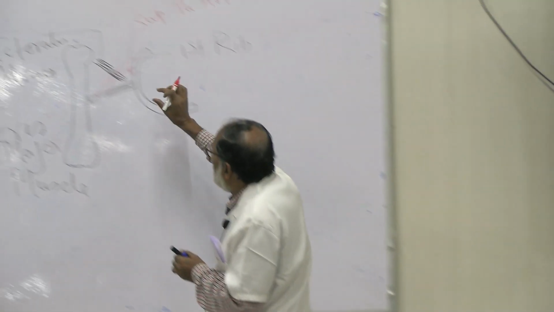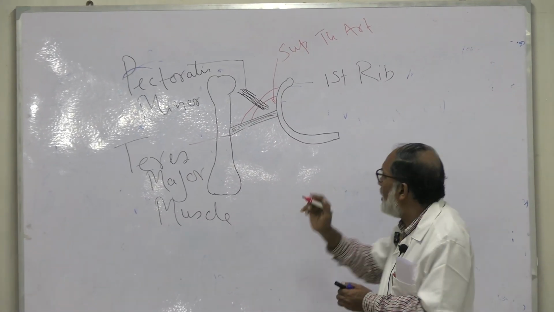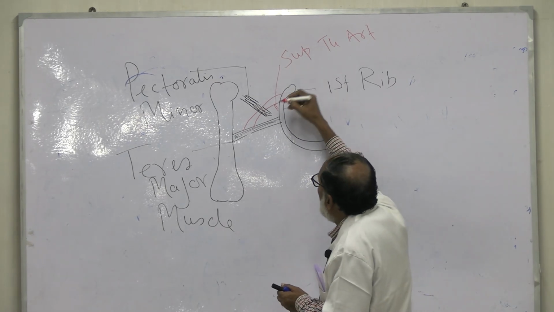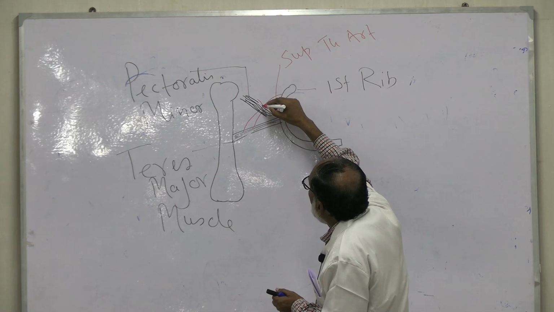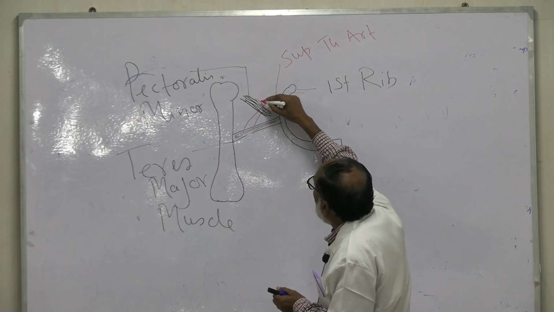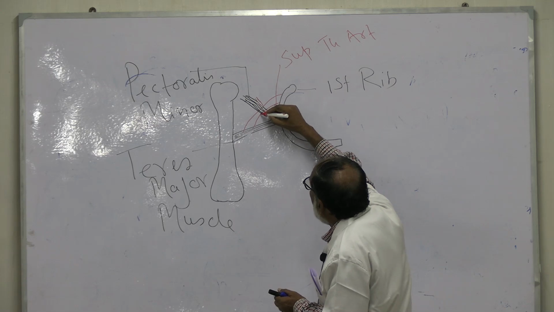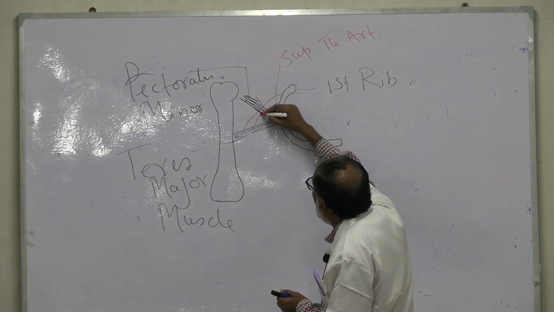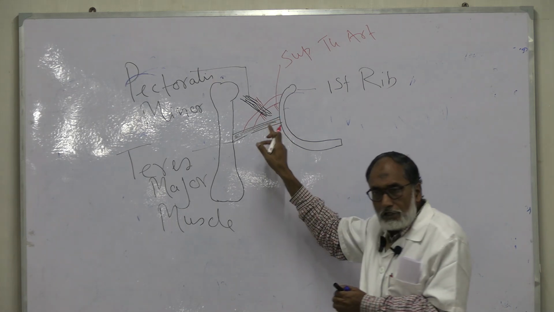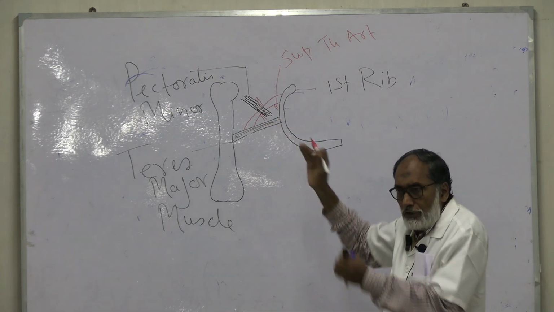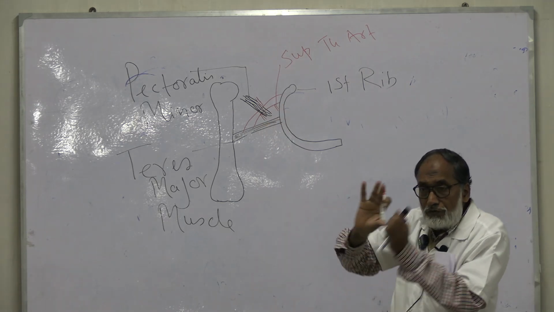Now, this second part gives off two branches. One is the thoracoacromial artery, and the other is the lateral thoracic artery. Though I drew it outside, because if it is under cover of this muscle it will not be visible to you.